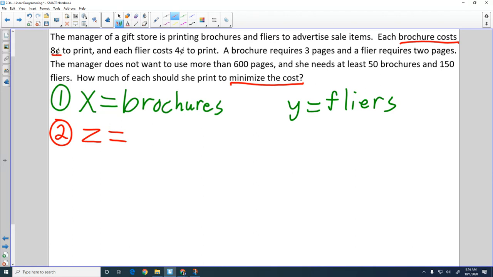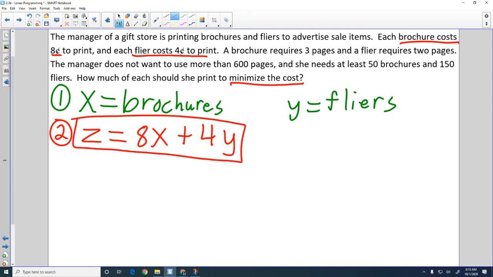And so I'm going to write 8x, 8 cents for every brochure. And I need to think about the cost of a flyer. What's the cost of a flyer? It's 4 cents. Right next to it, each flyer costs 4 cents. So 8x plus 4y, and that is our Z function.